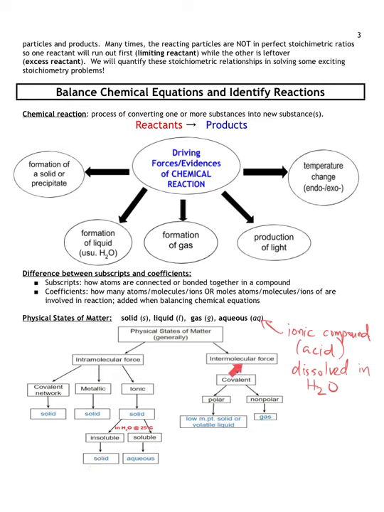Now, intermolecular forces work for covalent compounds, and for covalent compounds there are two types. There's polar covalent and nonpolar. Usually your polar covalents are your solids, low melting point solids, or volatile liquids. Your nonpolar covalents, because they're held so weakly together by London dispersion forces, are oftentimes your gases. So this is really important.